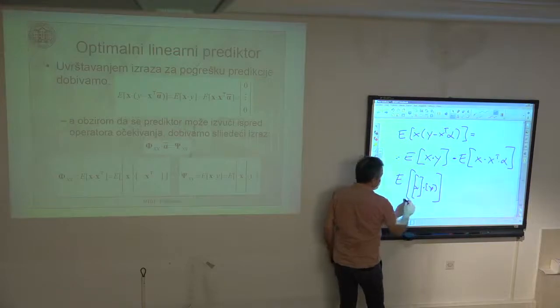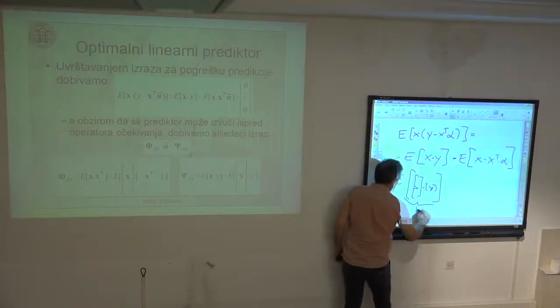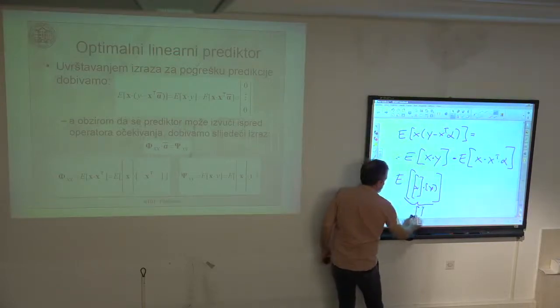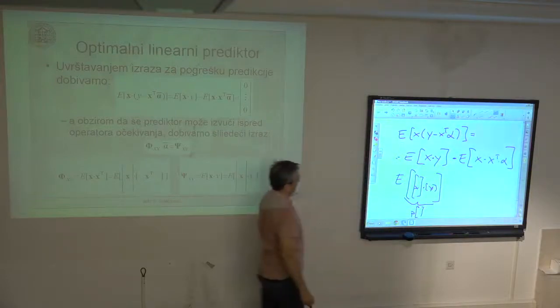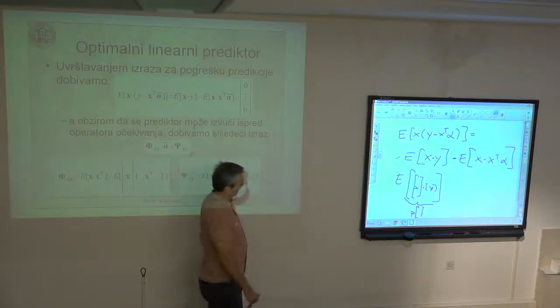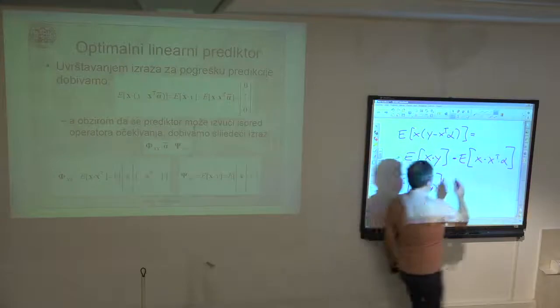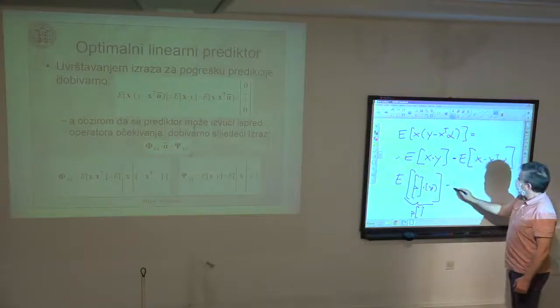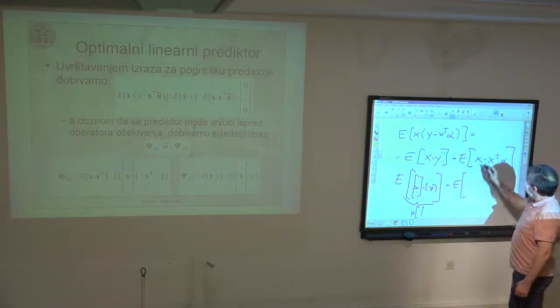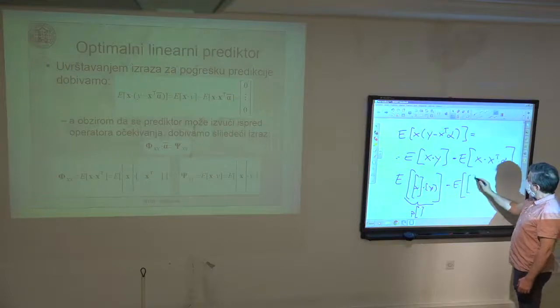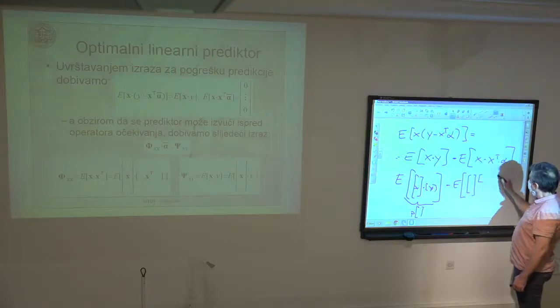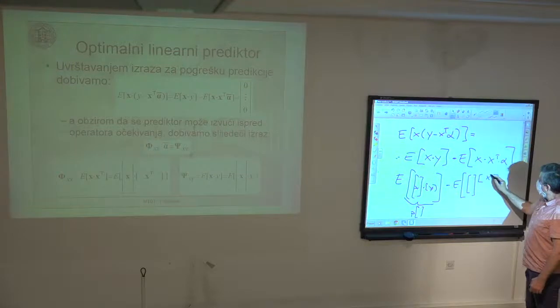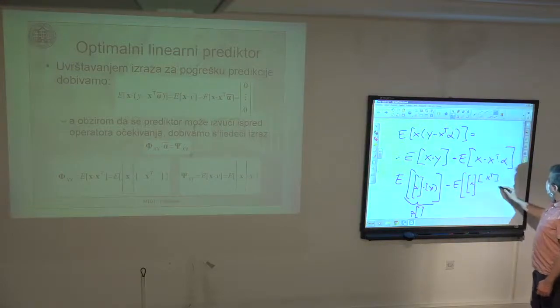So altogether it is a column vector with p elements. Okay, the first part. The second part is, as I said, the expectation of a column vector x, row vector x transposed, multiplied by a column vector alpha.